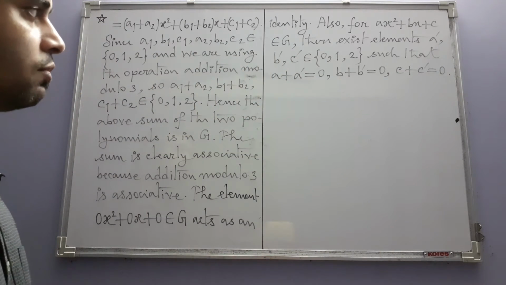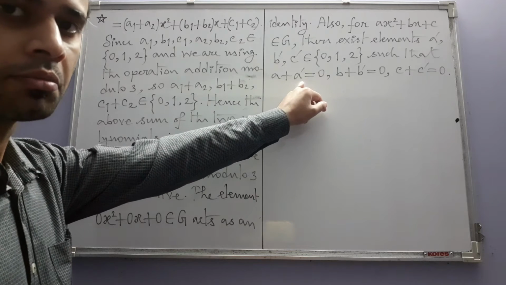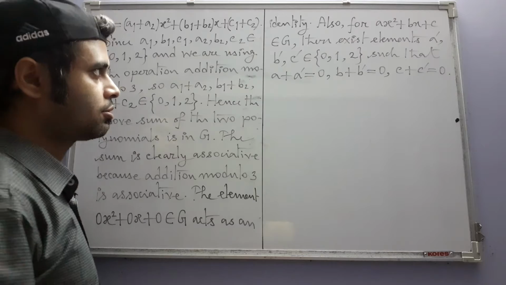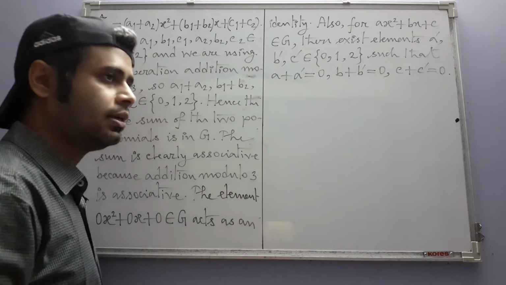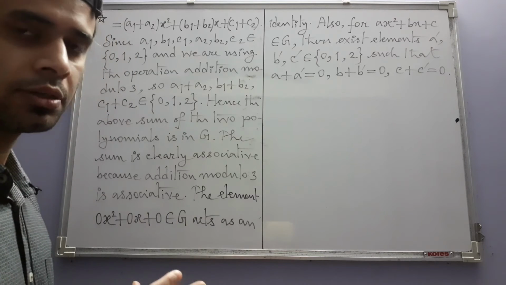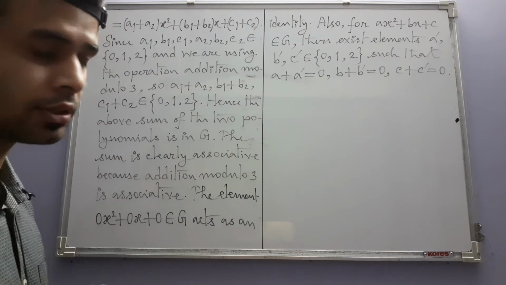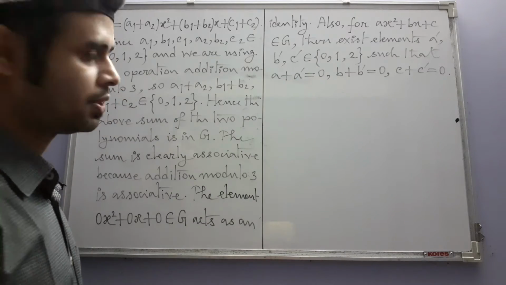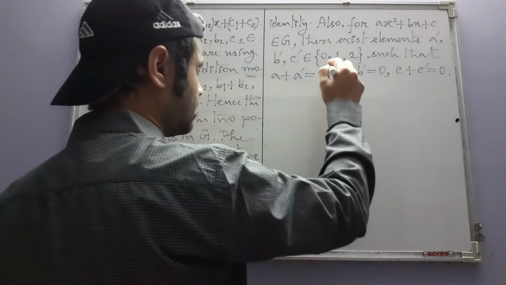If we wanted, we could have written in place of a prime minus a, but just to show that these are not ordinary negatives but additive inverses with respect to the operation addition modulo 3, I have decided to write these primes a prime, b prime and c prime, and you already know that this is true.